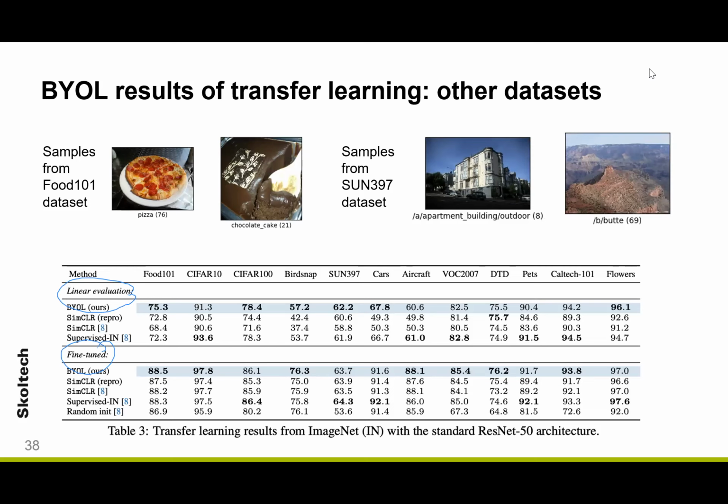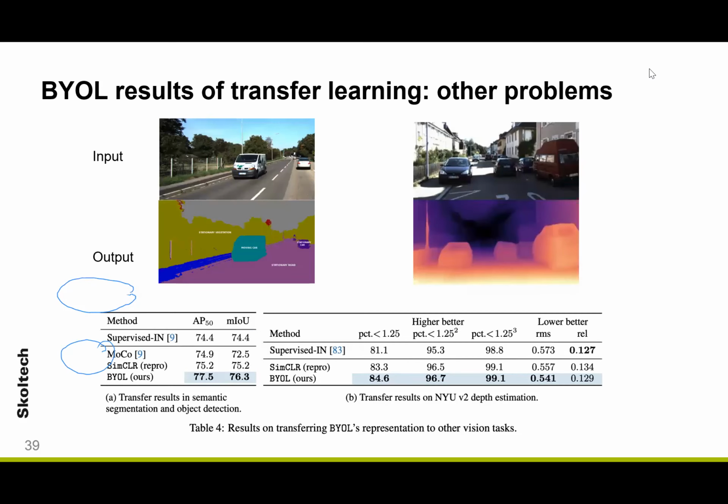Then we can see that typically BYOL wins. It wins compared to supervised approaches and to SimCLR approaches here. And okay, it means that this approach is quite good and comparable to what we have in supervised.